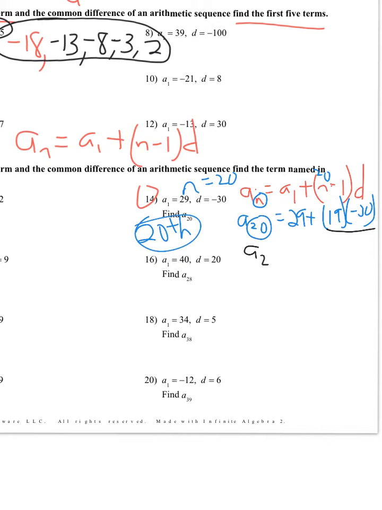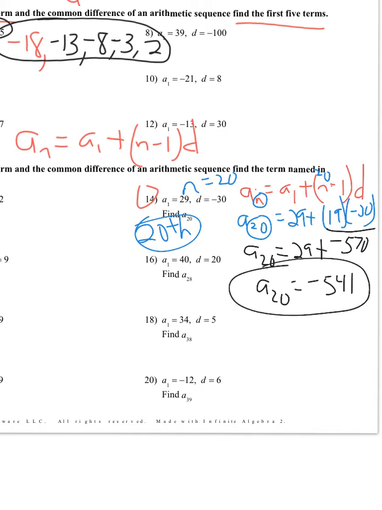So my a20, or my 20th term, is going to be 29 plus, and that ends up being negative 570 if you multiply that. And so a20, if I add 29 and negative 570, is negative 541. That means my 20th term is negative 541.